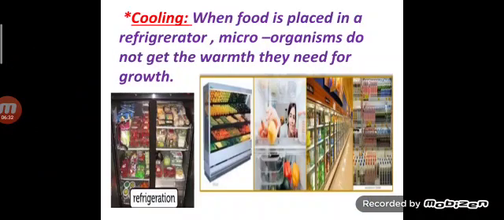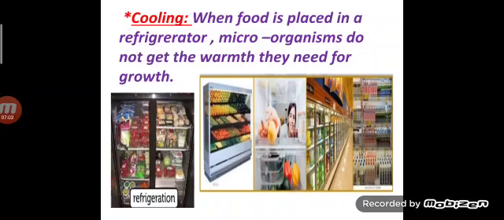Next one is cooling. Similarly, cooling, refrigeration or low temperature also denies the warmth which is needed by microorganisms for their growth. So again, favorable conditions are not available for microorganisms and hence food can be preserved for longer. This is also a reason why foodstuffs remain fresh during winter.